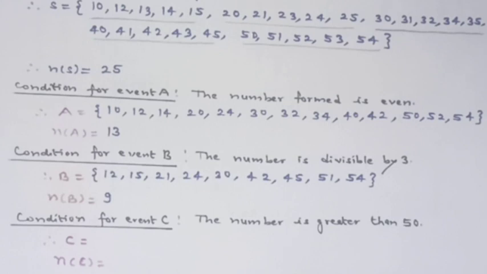Proceed further. Condition for event C. Number is greater than 50. Very good. Most of the students make mistake and they include number 50 also. My dear student, number is greater than 50, not equal to 50, so you can't take 50 in your set C, but more than 50.